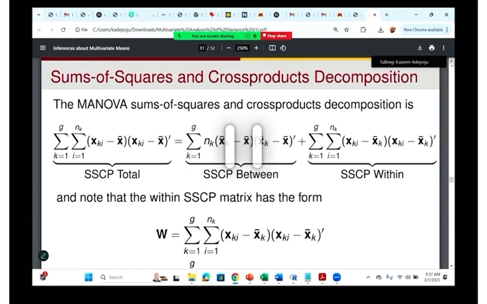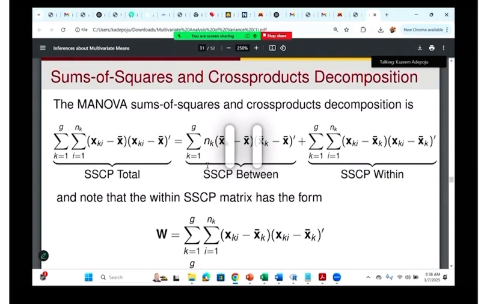But in the multivariate case, we call that sum of squares and products. We are decomposing the total sum of squares and products into the total, between, and within. Just like what I just showed you right now. So if you take a look at that, we are applying analysis of variance in a multivariate way.